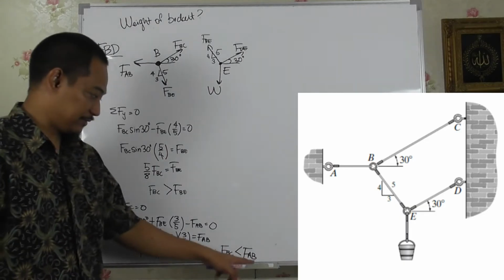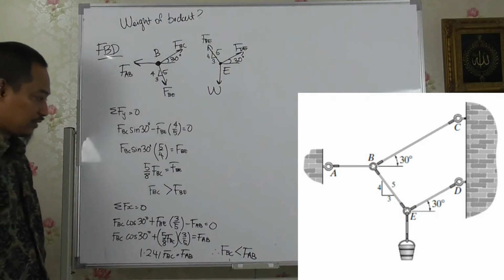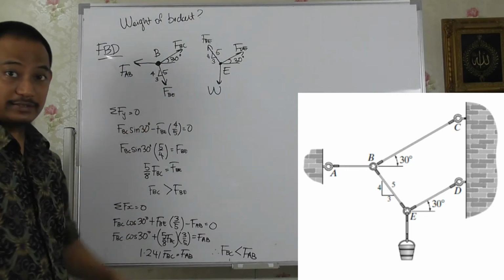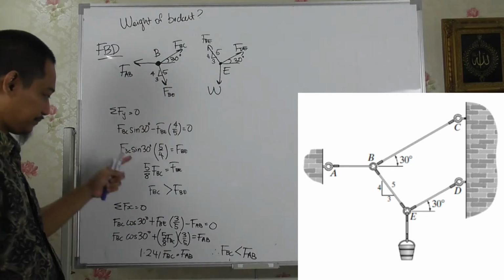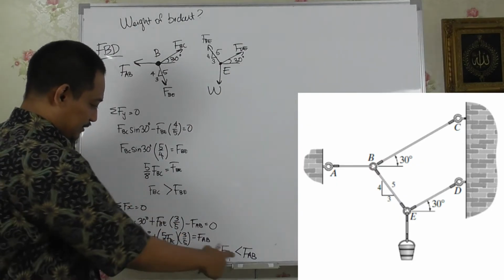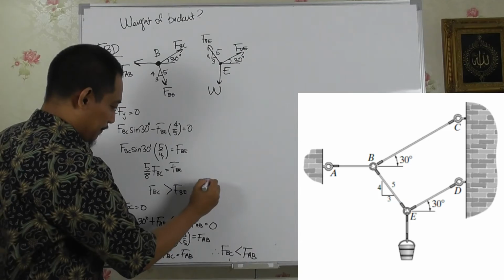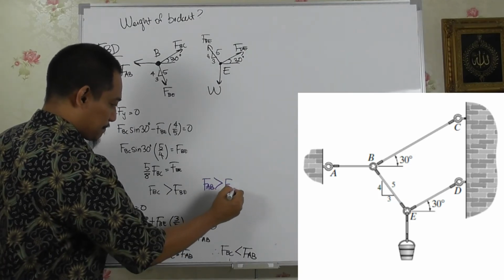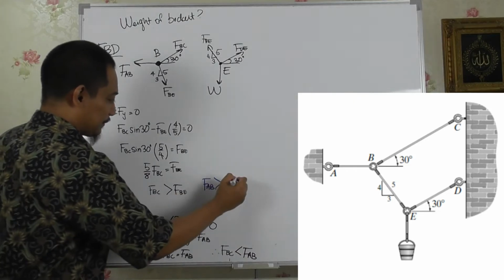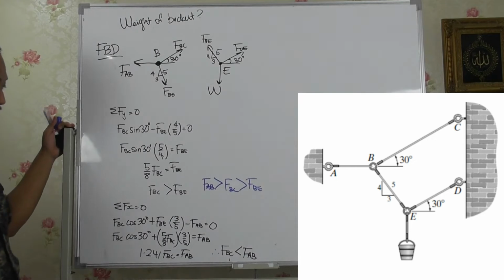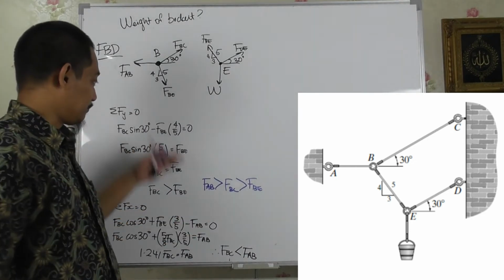So this one is bigger, FAB is bigger. Just from here, we know already that FAB is bigger than FBC, and FBC is also bigger than FBE. So far, that is what we have concluded from these two.